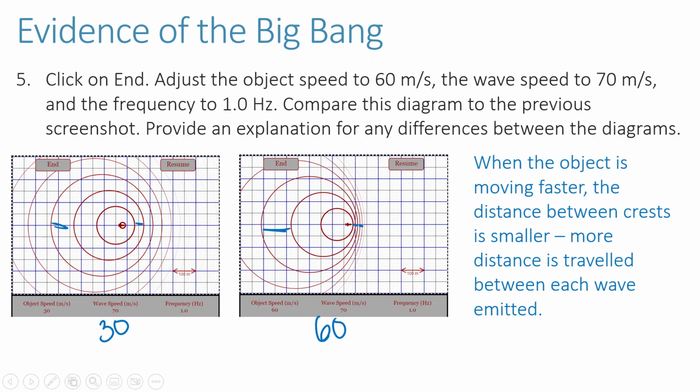That's because as the object is moving faster, the distance between the crests gets even smaller. So more distance is traveled between each wave that is emitted. So we see that the faster the object moves, the more the effect of the wavelength getting shorter or longer is noted.